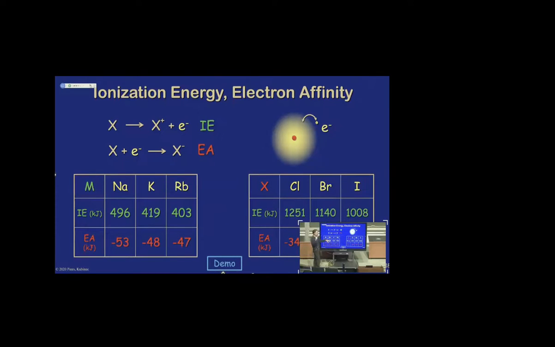Put in 496 kilojoules to pull that electron off sodium, put it on chlorine, release 349 kilojoules per mole. So is that exothermic or endothermic overall? It's endo. You had to put more in to ionize than you got out from the electron affinity. So that's not the whole story.